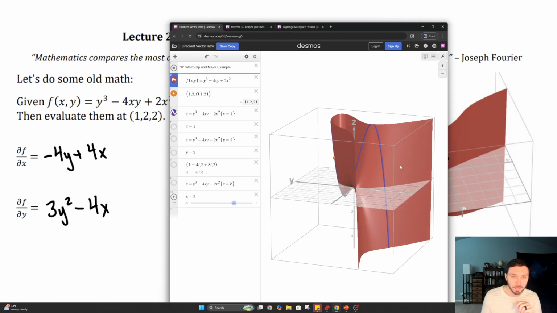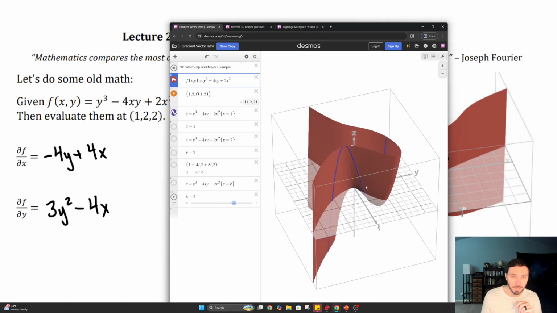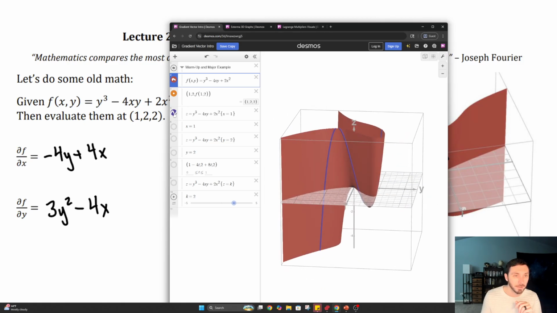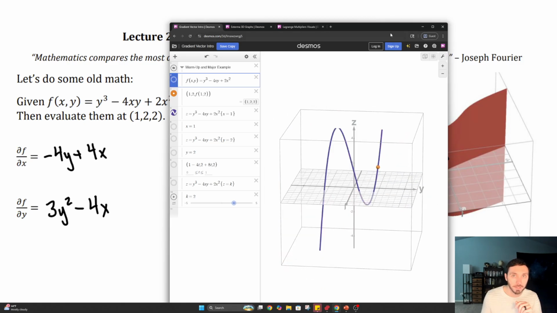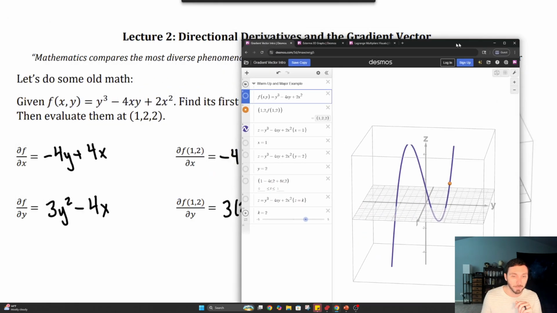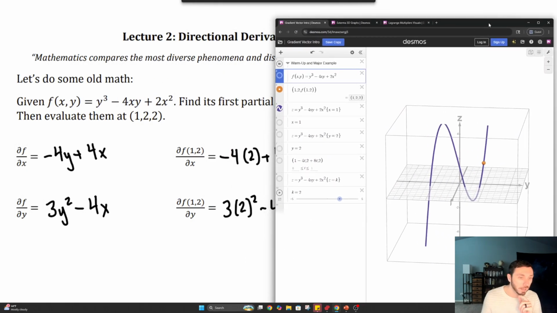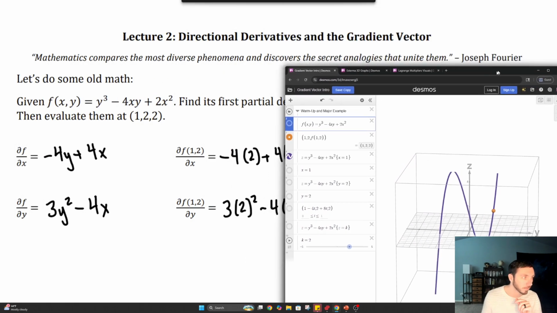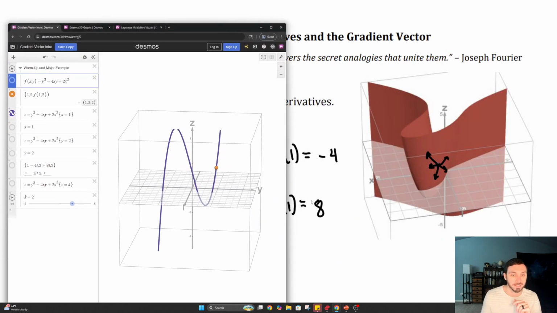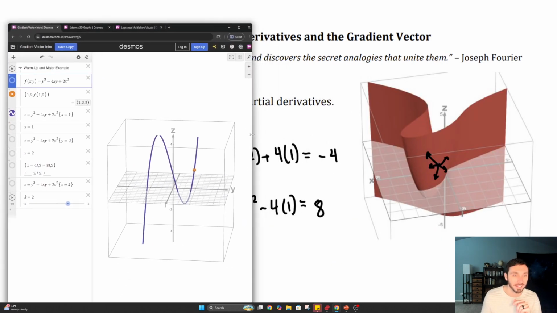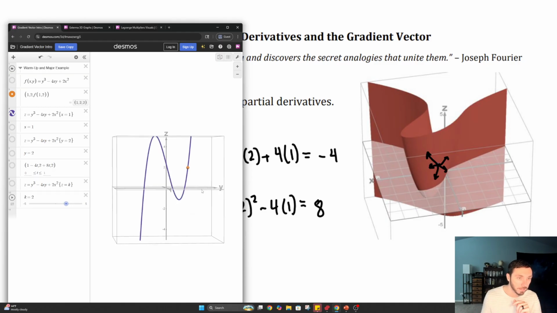And this would give you this curve right here. And then we can turn this off. You can see it's a positive slope. This is the partial f, partial y. It's this 8. Okay. It's this 8 here. And that's because this curve has a slope of 8 when y is equal to 2.